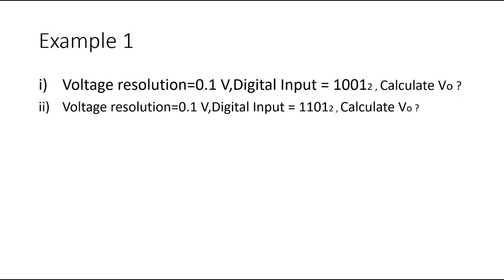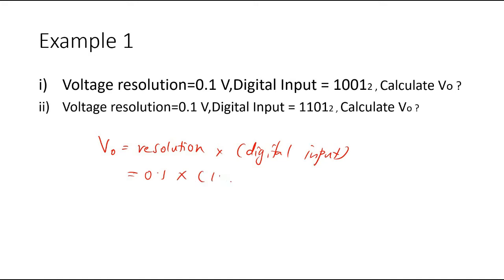Okay, we go for example 1. If voltage resolution is 0.1, and digital input is 1001 base 2, calculate the V out. So we have the equation V out equals resolution multiplied with digital input. For the first example, 0.1 multiplied with 1001.